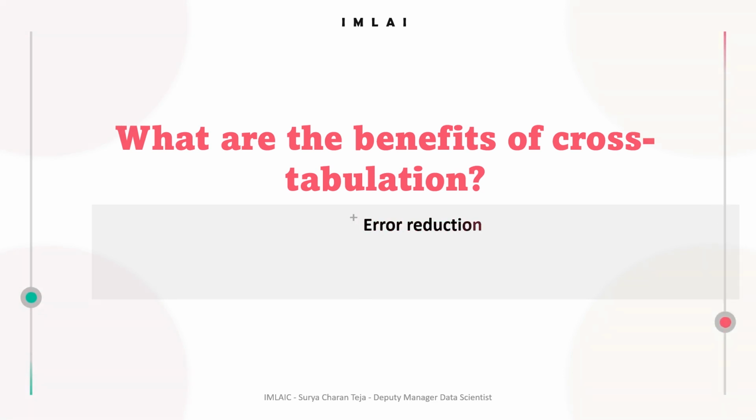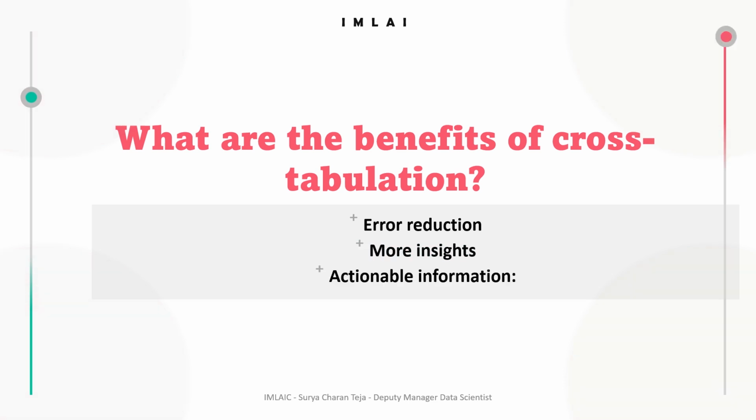And the second one is more insights. Cross-tabulation looks at the relationships between one or more categorical variables to uncover more granular insights. These insights might go unnoticed with standard approaches or require more work to reveal.